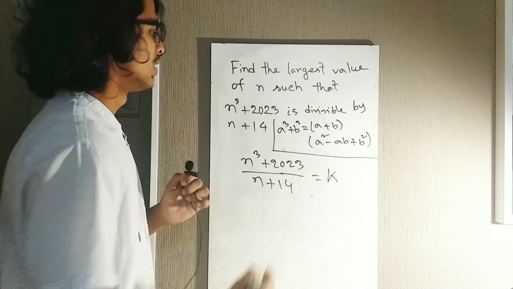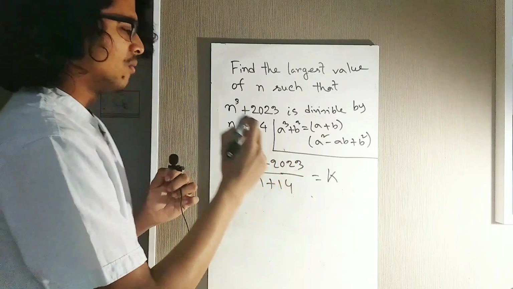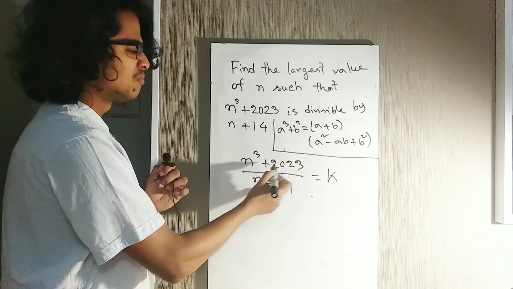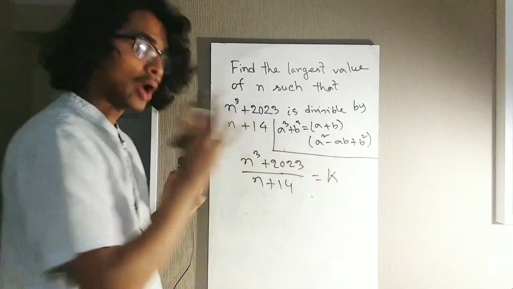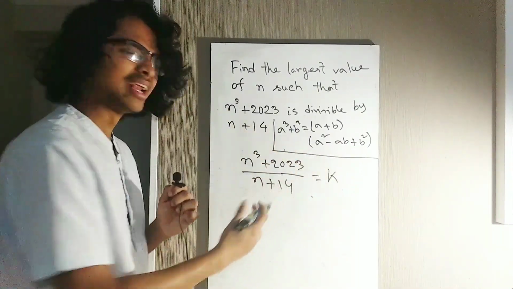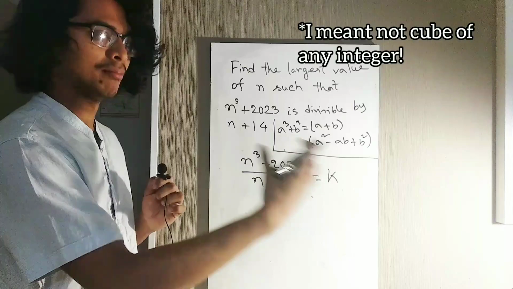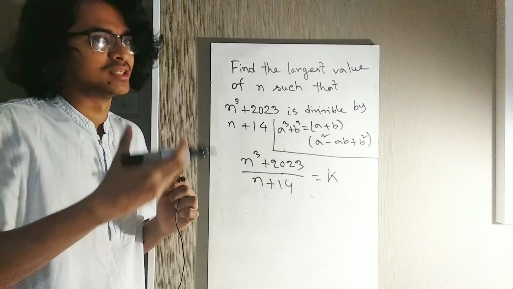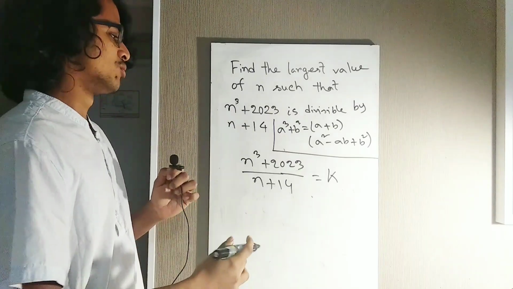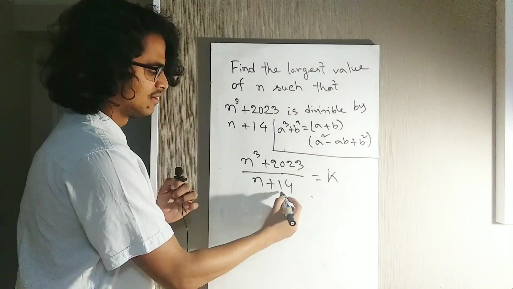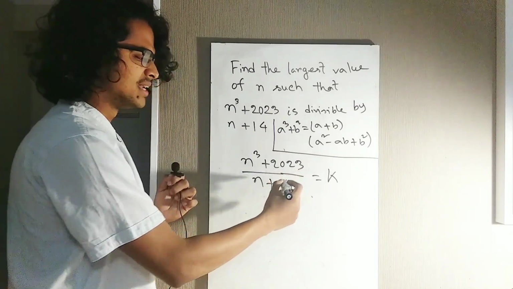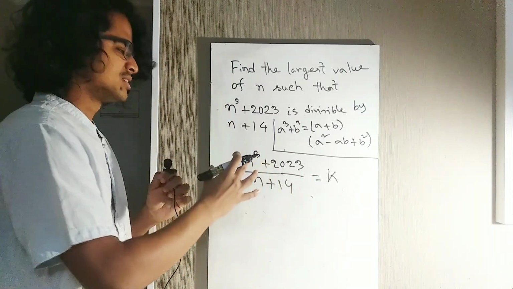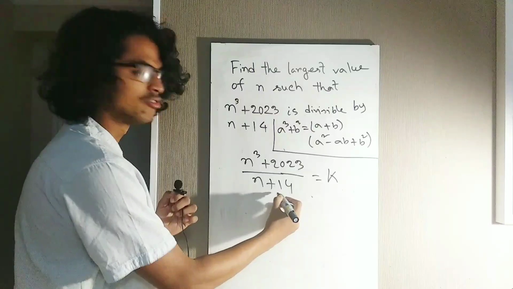Alright, my plan is to write n cube plus 2023 in this way, but the problem is that 2023 is not a cubic number, it's not the cube of any number. But we can transform it into something like a cubic number. We can write 2023 so that we'll have the cube of 14.